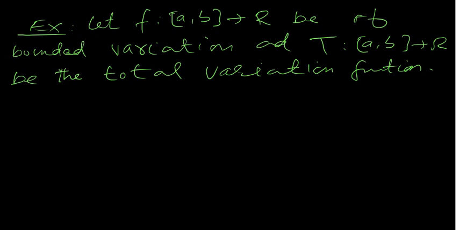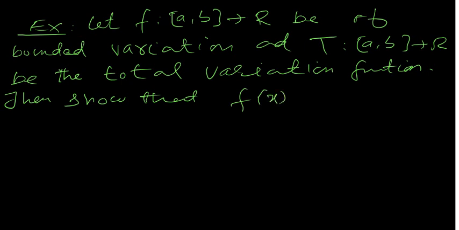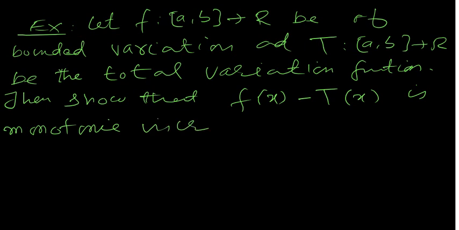Then show that this f of x minus t of x is monotonic increasing. We have seen that t of x is monotonic increasing, but we now show that f x minus t x is also monotonic increasing.